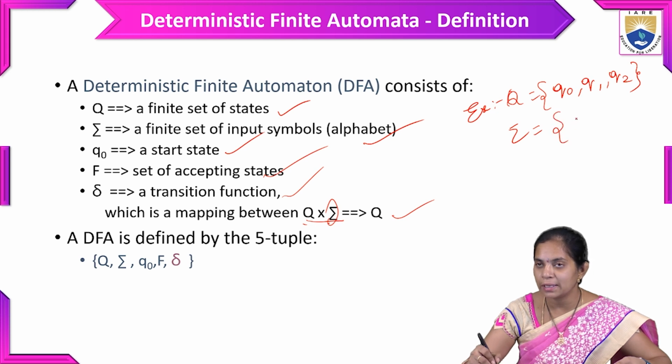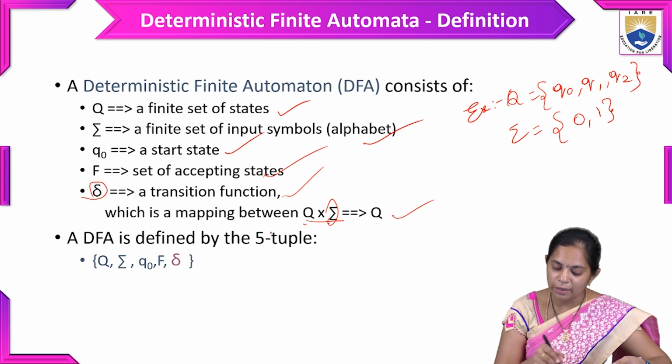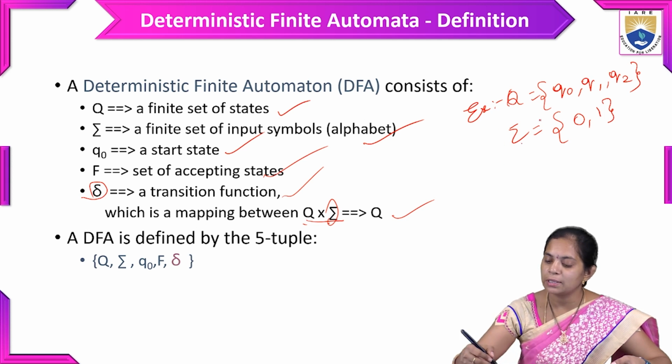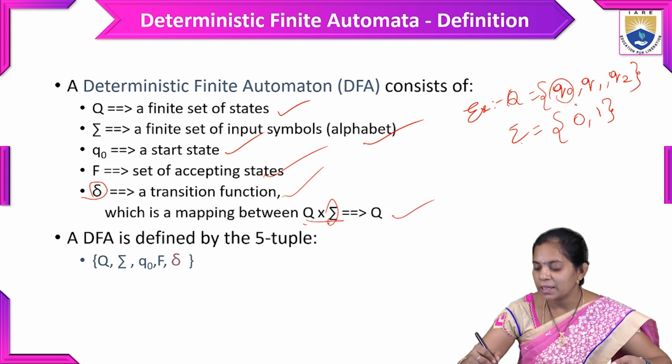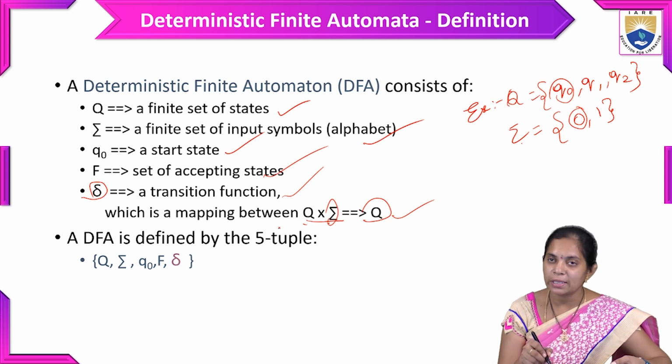I will take the example of input symbols 0 and 1. So here the transition function delta represents Q cross sigma. For every state we need to give an input symbol, and the result tells us which state it goes to. That is called the transition function.